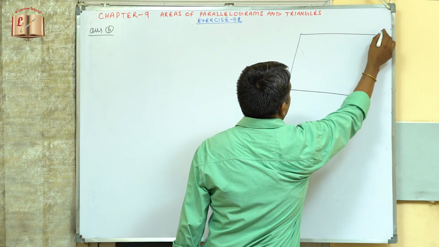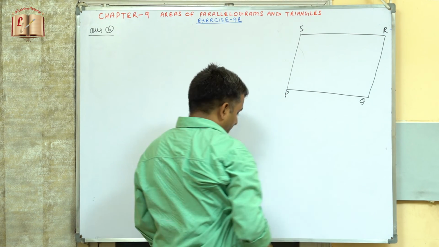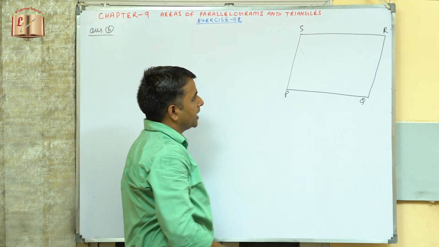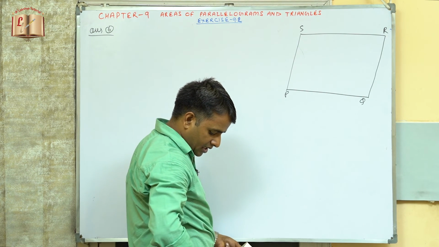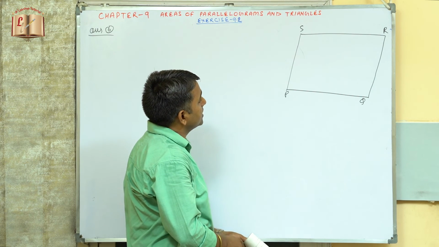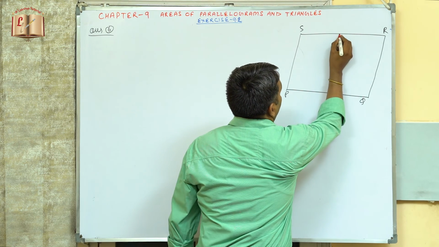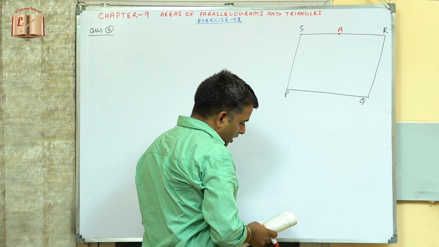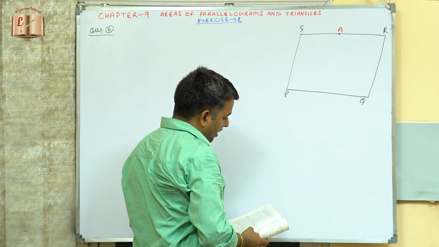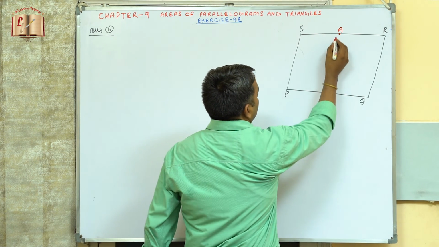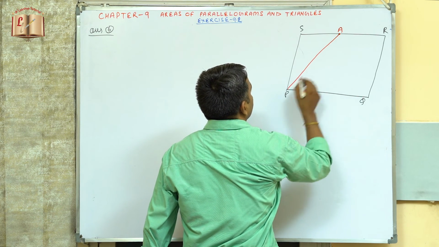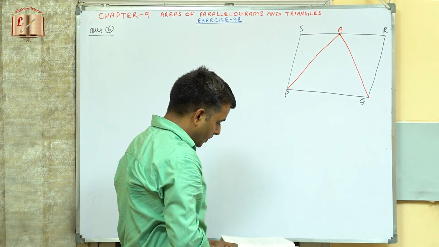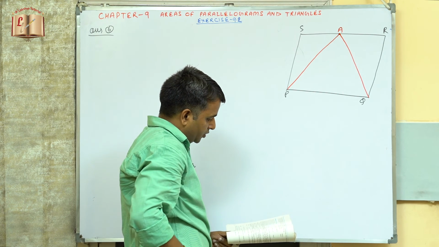Suppose this is P, Q, R and S. She took any point A on RS and joined it to the P and Q. So we'll join this with P and Q.